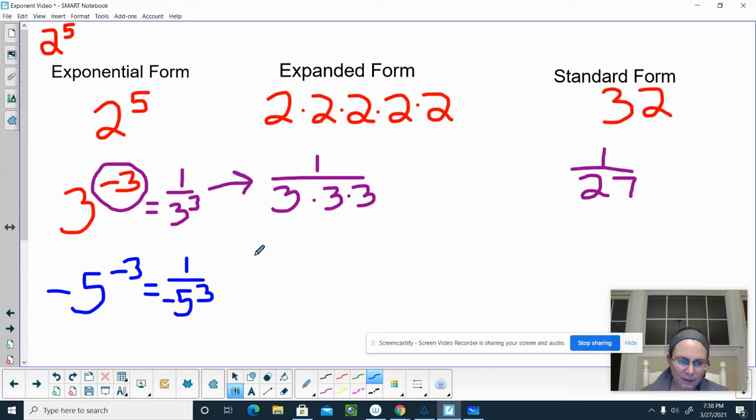Both of what I have written here is exponential form. When we expand it out, it becomes 1 because we have a negative exponent, and then we expand out that base number. So this is negative 5 times negative 5 times negative 5.